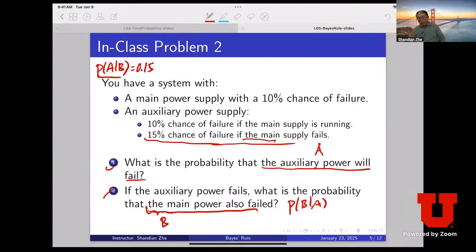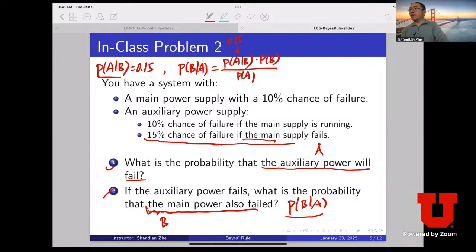Again, we want to apply the Bayes rule to compute P of B given A. So I'm just copying down the Bayes rule here. You're going to multiply its inversion, P of A given B, times the probability of B, and divide by the probability of A. This guy we know is 0.15, right?